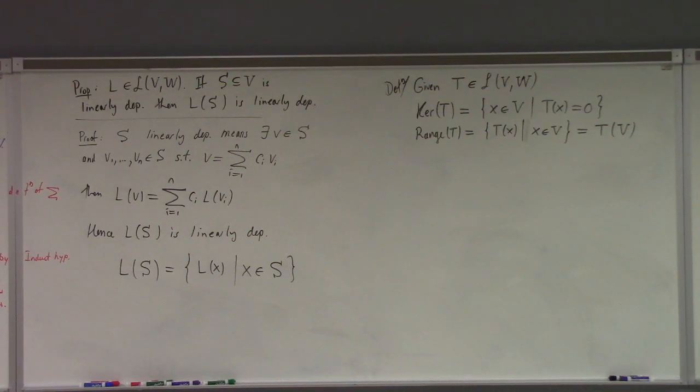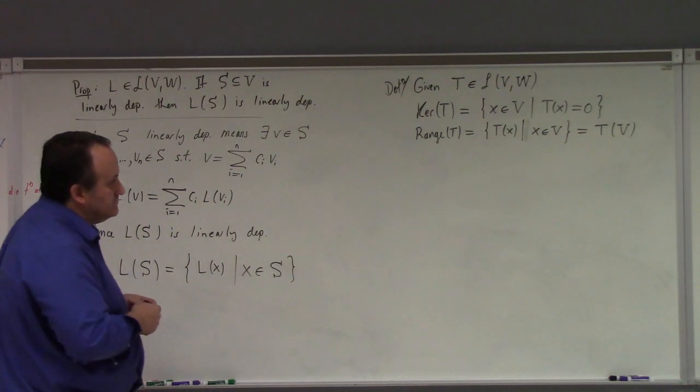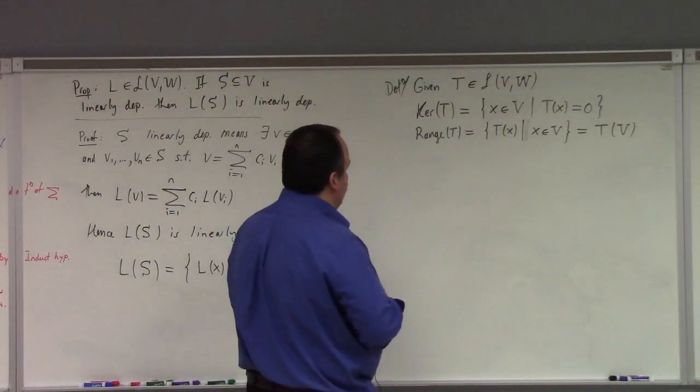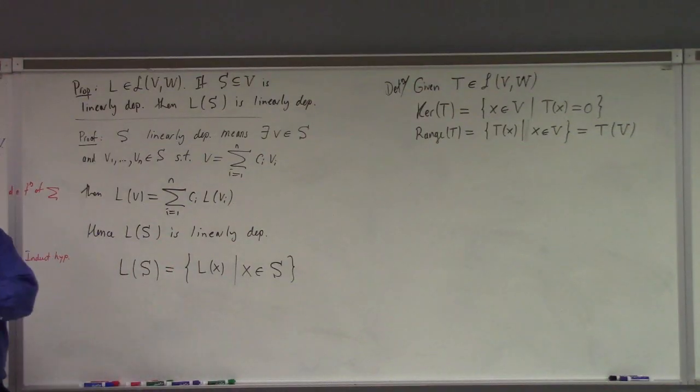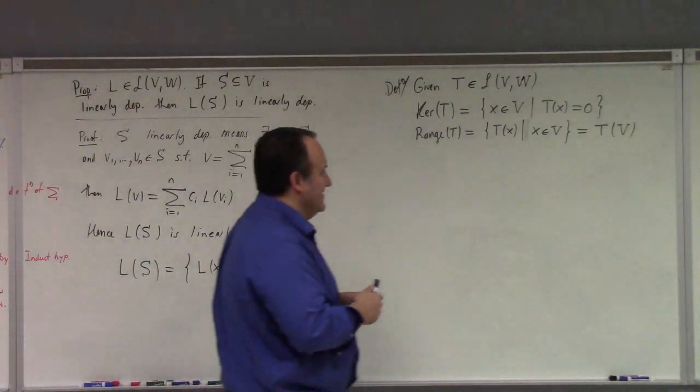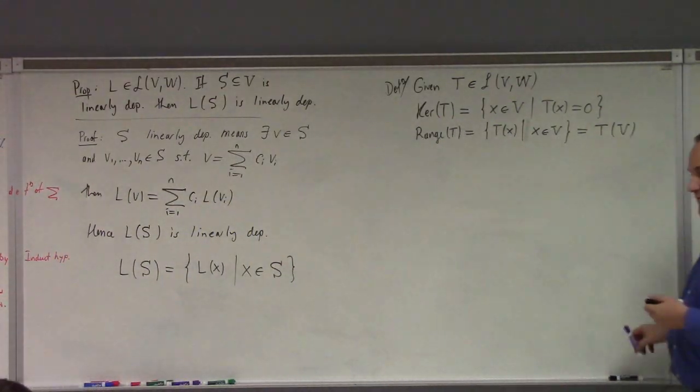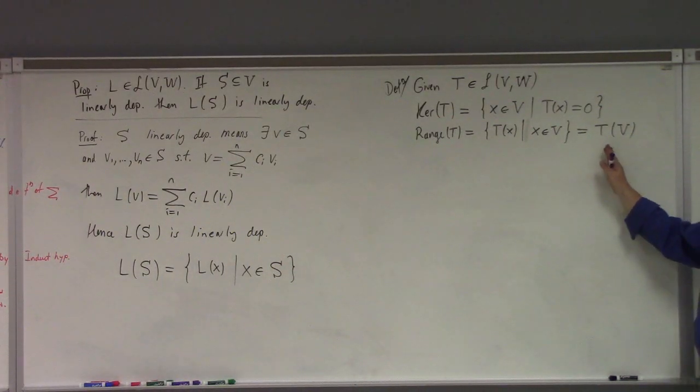If we said T was surjective, what could you say? Reminder, T being surjective here would mean that the range is the whole... Does that mean the function is 1 to 1? No, surjective was onto. Oh, I just got confused. It's okay. So if T is onto, what is T of V equal to?